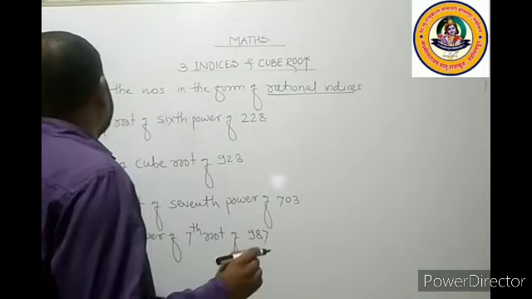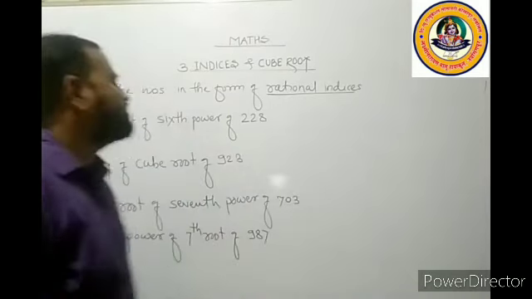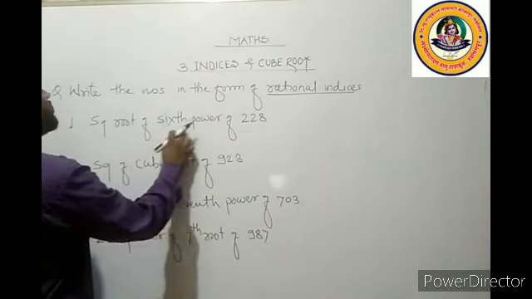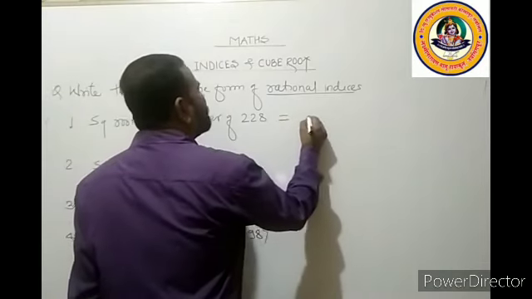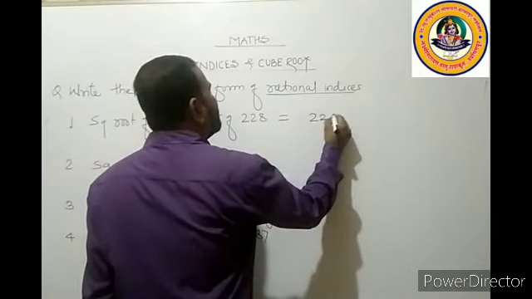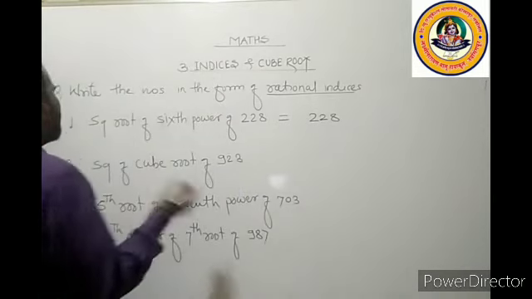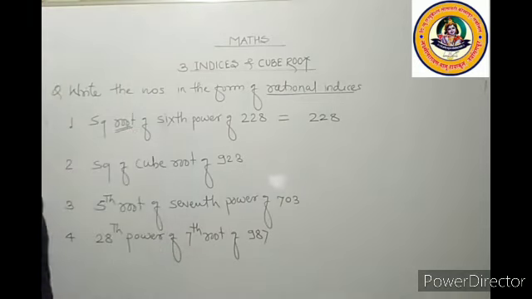Here is another question. Write the numbers in the form of rational indices. First is the square root of the 6th power of 228. So write here 228, it is the base. It starts from the square root, that means it's a root.